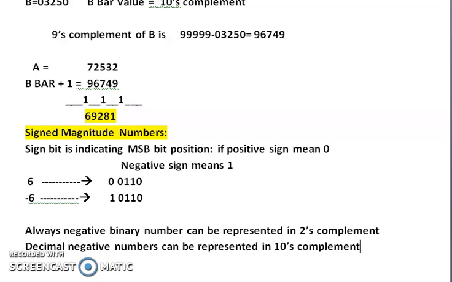So for any number, negative binary numbers can be represented in 2's complement, and decimal negative numbers in 10's complement.